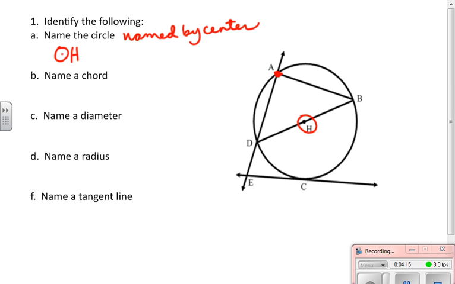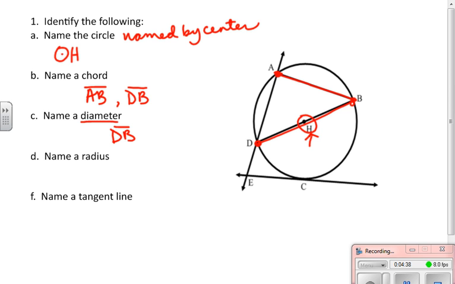One of them would be AB, and remember it's a segment. Another one would be DB. Those are both chords. Now a diameter, remember, is a special chord that goes through the center, so our diameter here is DB.